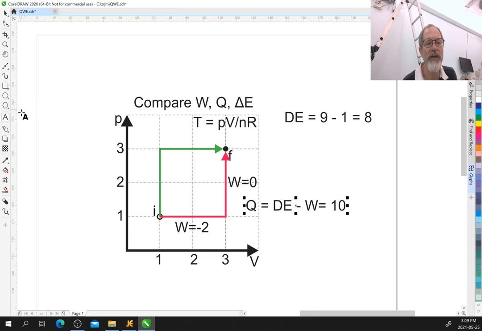Okay, now let's look at the other transition method. This one, the vertical one, work equals 0, right? The pressure changes, but there's no change in volume. Here we're changing volume, but this time at a pressure of 3. So 3 times a change in volume of 2 means the work equals minus 6.